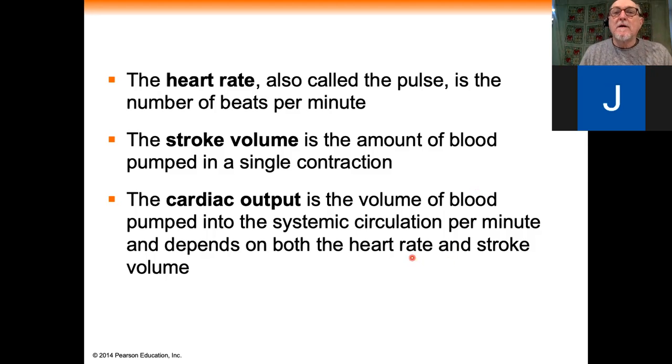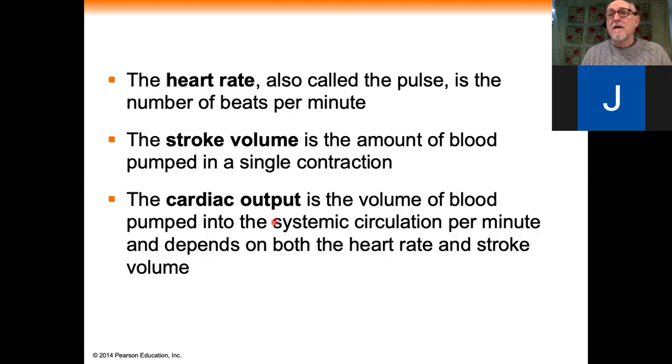And all of these, the heart rate, the stroke volume, and thus the cardiac output, are carefully monitored by your body itself. You have monitoring systems to maintain the correct amount of blood. This cardiac output will be increased if you are exercising, for example.